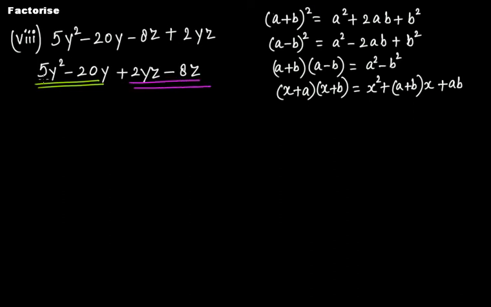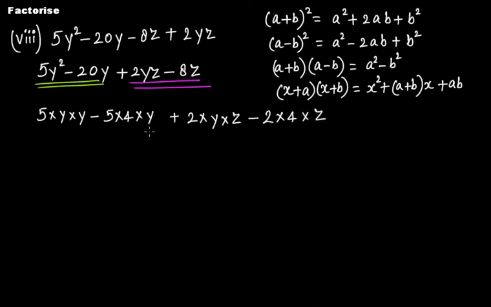Okay, 5y squared, so this is 5 multiplied by y, then this is minus 20, which we can write as 5 multiplied by 4 and y. Then this plus sign here, this is 2 multiplied by y multiplied by z, minus, we can write this as 2 multiplied by 4 multiplied by z. Now this 5, this y and this y, take this common.